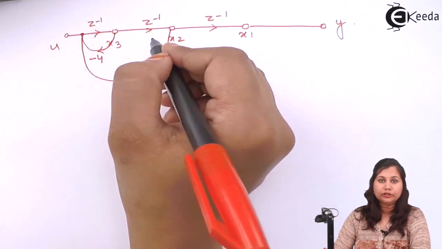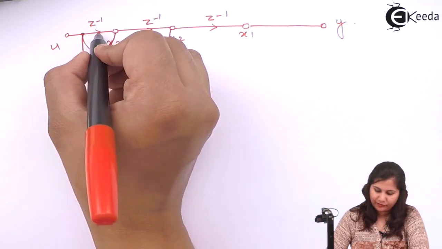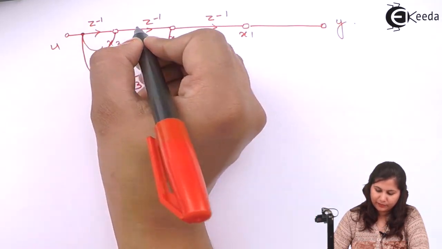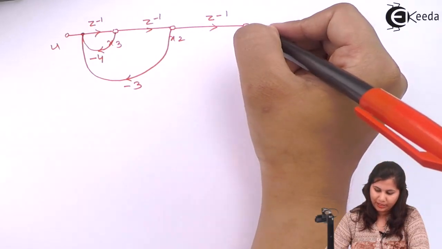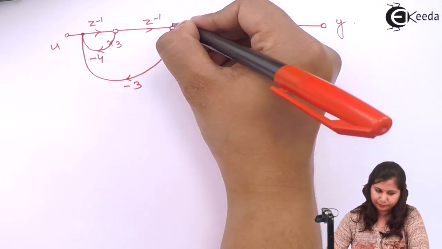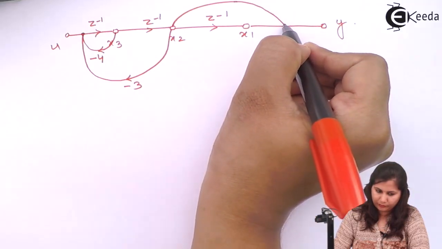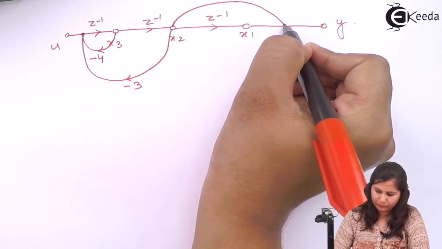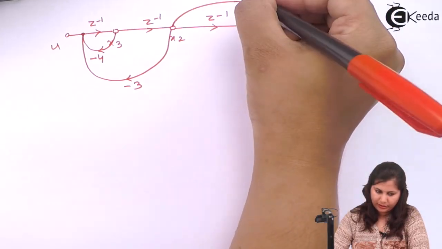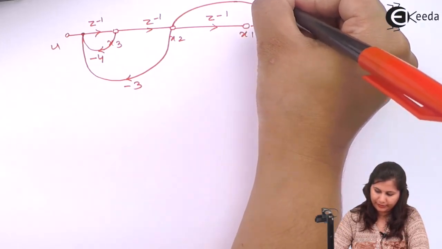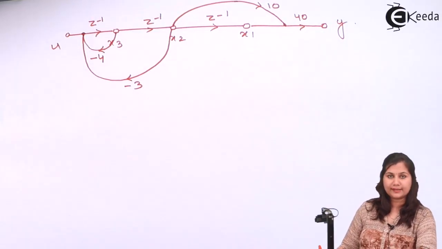So these are the two negative feedback loops, and then we have, this is x3, Z minus 1, Z minus 1, 3 unit delays were there, and this x2 it is here multiplied with 40, and here it is 10. So this is the signal flow graph of this system.